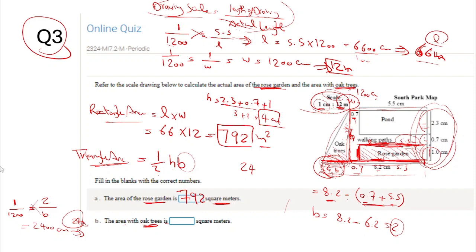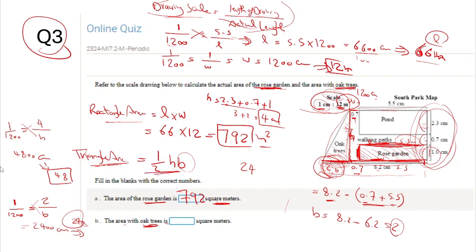We need to get the actual length. Again, we'll apply the same drawing scale formula. So it will be 1 over 1200 equal to 4 over h. Cross multiplication, so it will be 4,800 centimeters. We'll make it to meters, so it will be 48 meters.